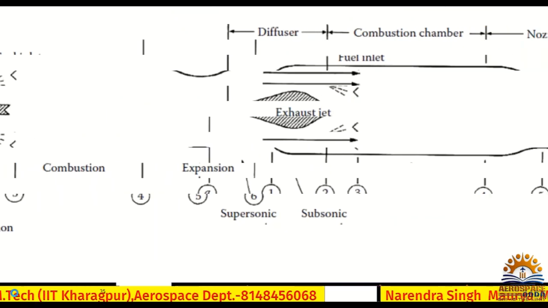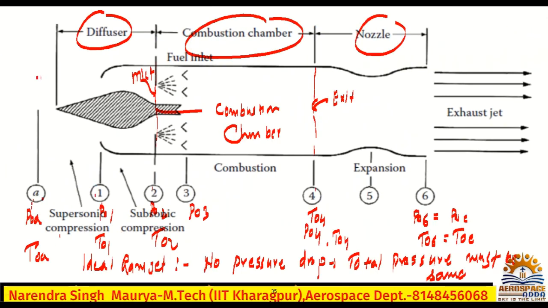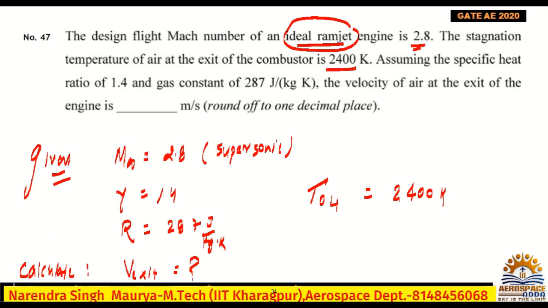MA is the Mach number of the inlet flow, and ME is the Mach number of the exit flow. Since it is an ideal ramjet, MA is equal to ME. This is a kind of proof, but I am not doing the derivation because it is not important here. Understood?